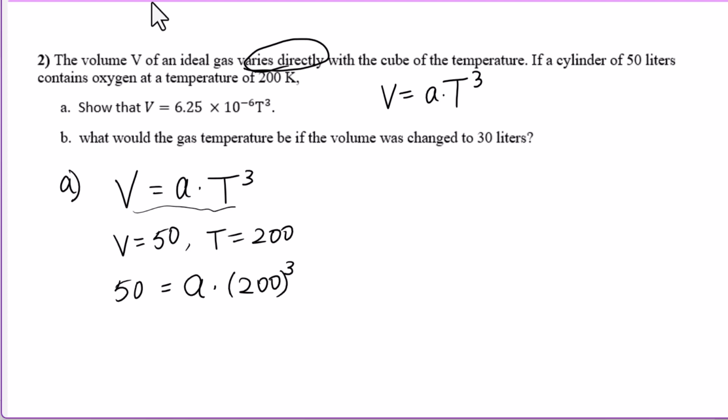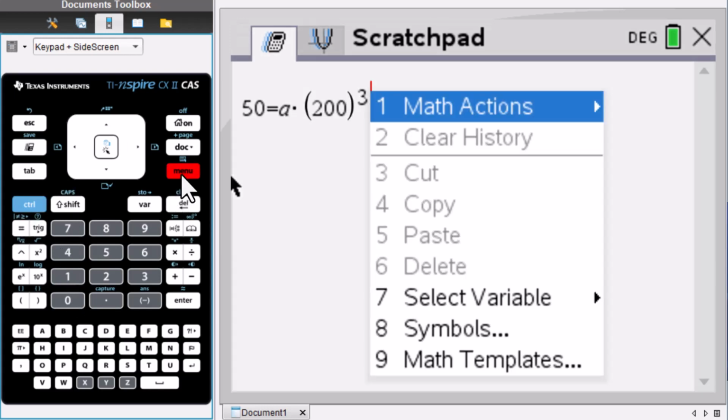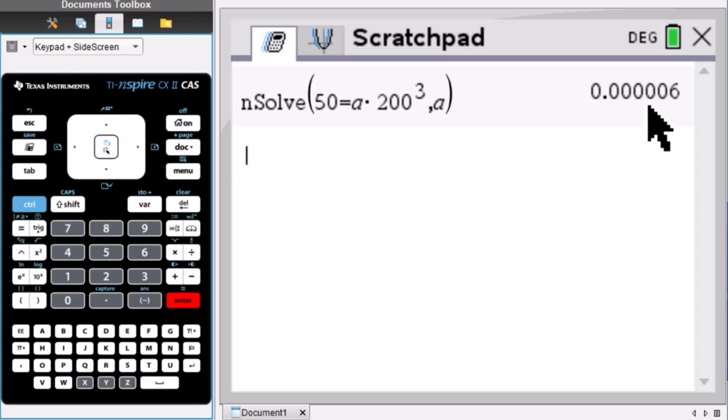Let's go to calculator. Let's type the equation into this calculator. Then control menu. Enter, enter, enter. You need to check accurate answer. So go up, enter.